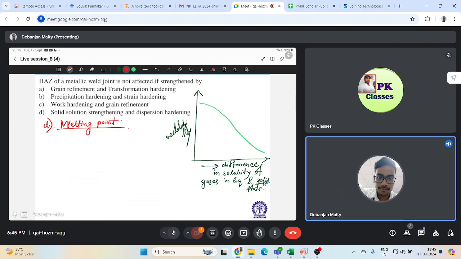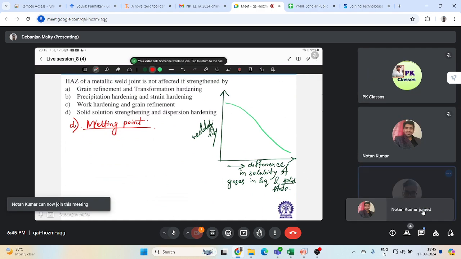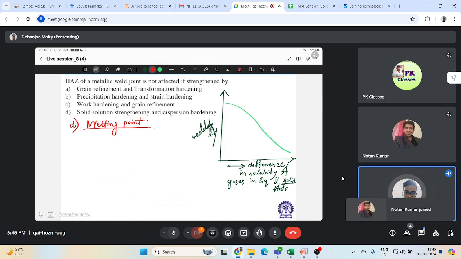So there are two or three parameters which govern the melting temperature of a metal: the net heat input, and of course the impurities.